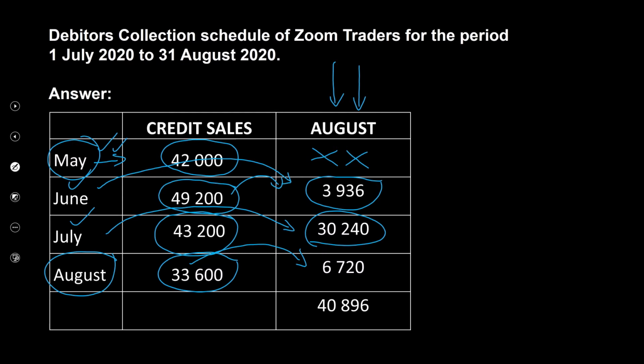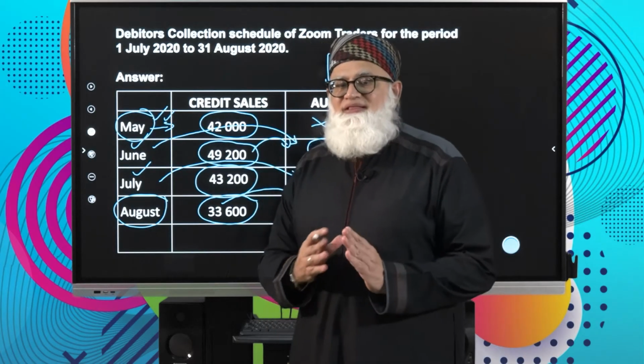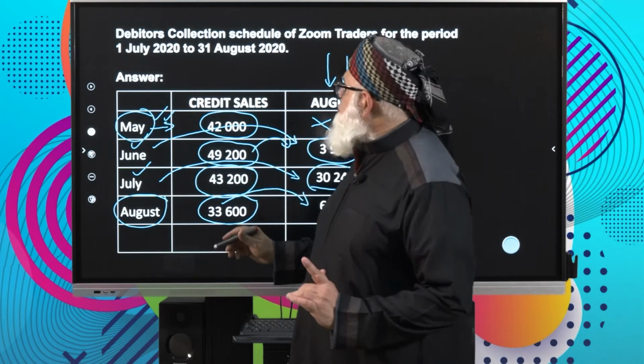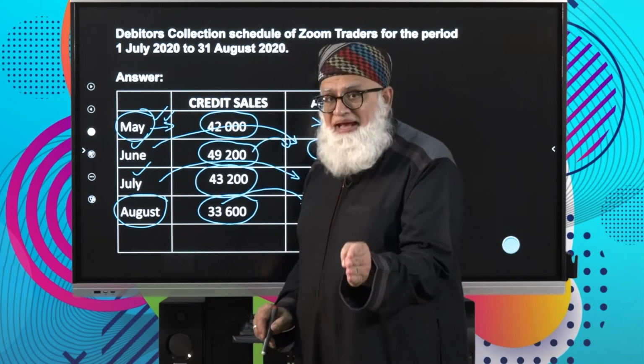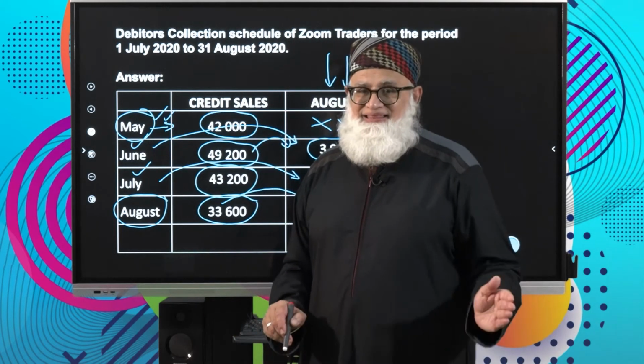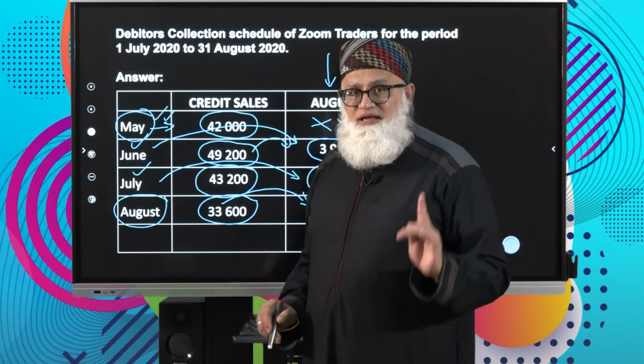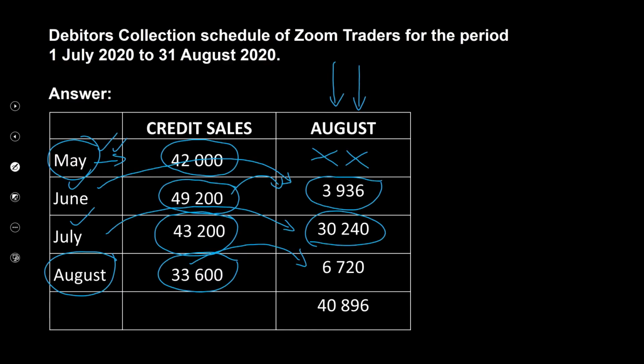What is important for you to remember when you are doing these calculations is to make sure that you know how each month will impact on the budget month. Once again, I'm redoing this because of its importance. May will pay us in May, June, and July, and you can see it works itself out.